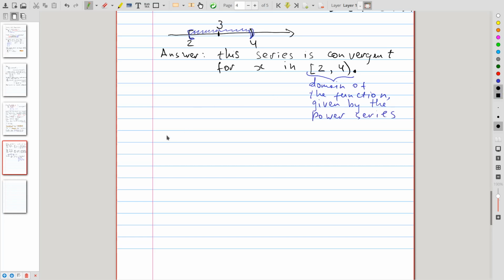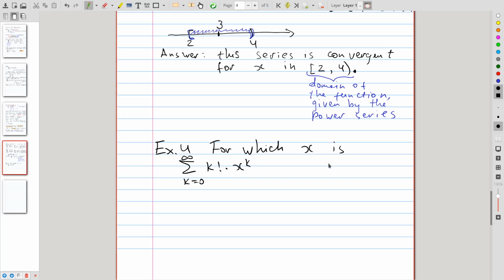Okay, let us proceed on to example number 4, in which we will try to answer the same question: for which values of x is the given series convergent? In this case, it is k factorial times x to the k summed up from k equals 0 to infinity.